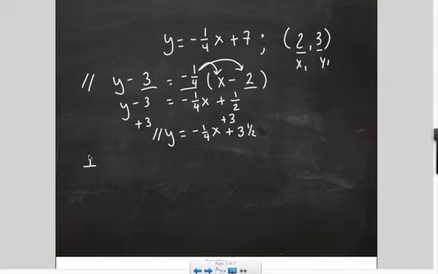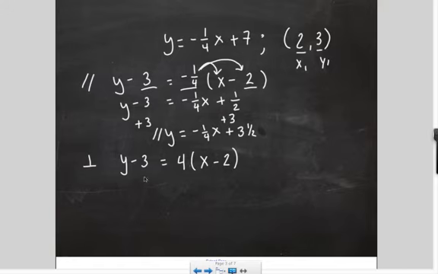Now if I want it perpendicular, then all I have to do is the exact same thing. So I'm just going to write up the exact same thing. The only difference is I am going to rewrite my slope to be not -1/4, but the opposite, which makes it positive, and reciprocal, which makes it 4. But then everything else is exactly the same process.